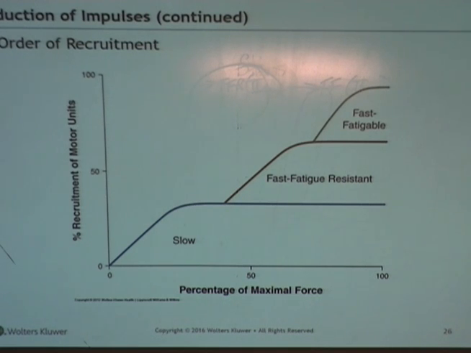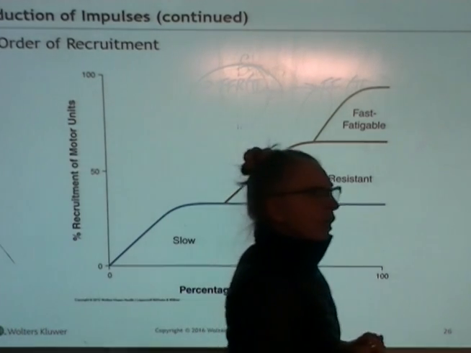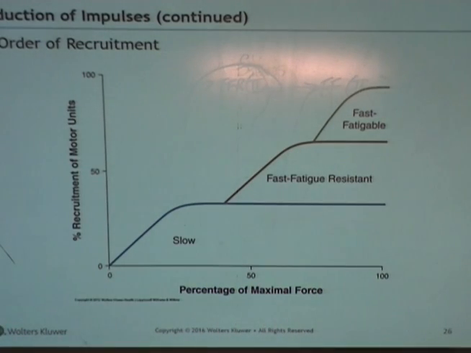How long does it take to train that? One of the things we see with strength as well is that when you don't train, you see a decrease in neural transmission.